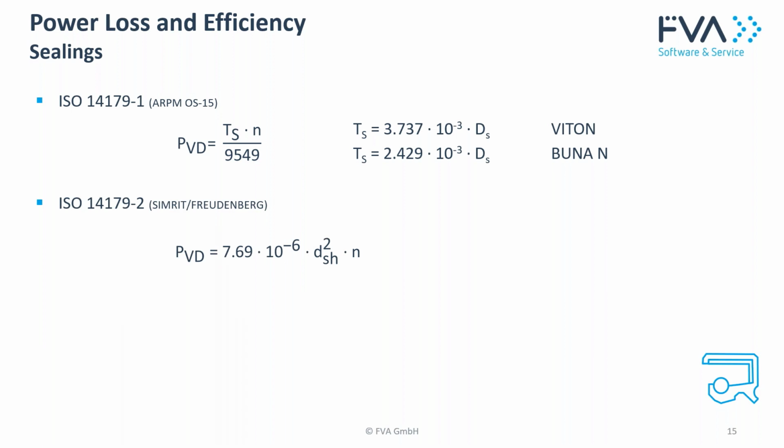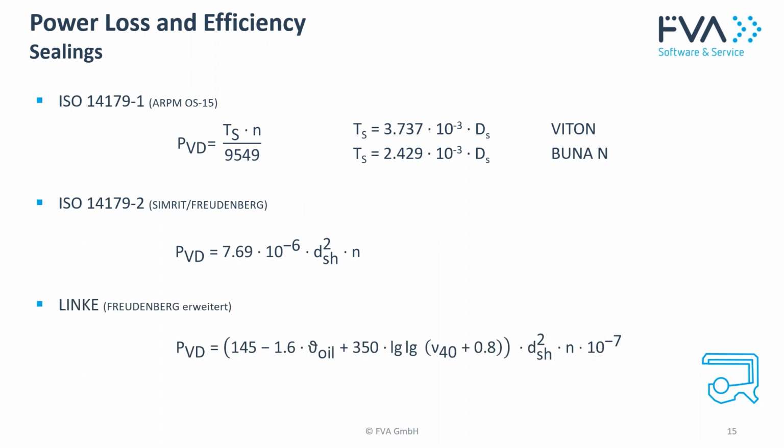This is a German approach, which only considers the contact diameter and the relative rotation speed between shaft and sealing. And we have an additional approach according to Linke implemented. This approach is an extended one, which also considers the oil temperature and the resulting viscosity of the oil.